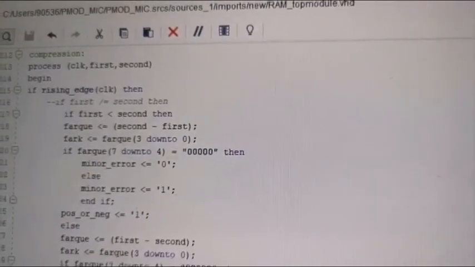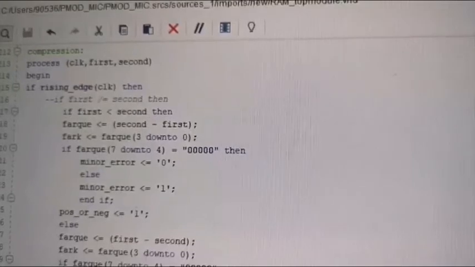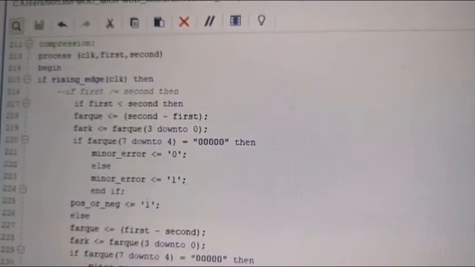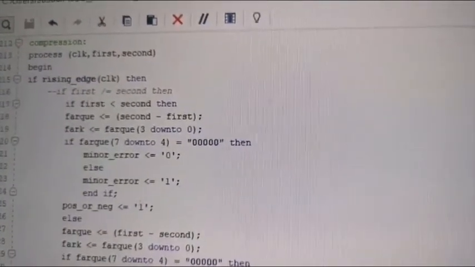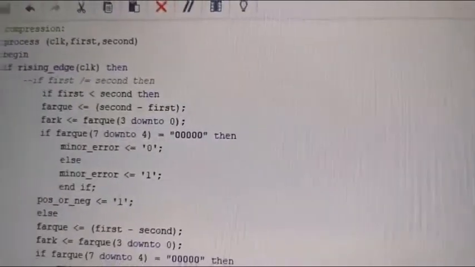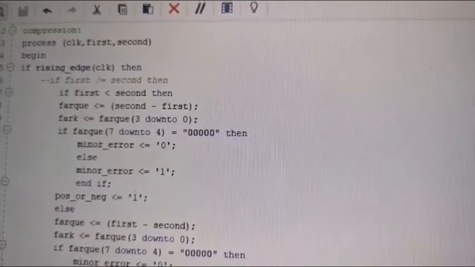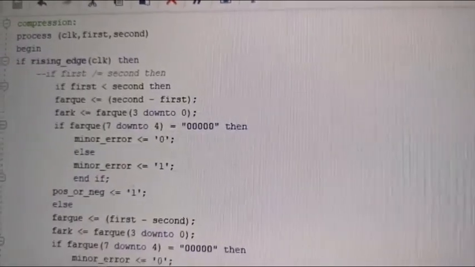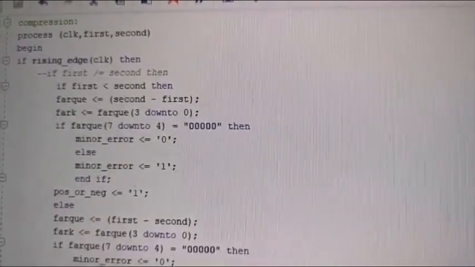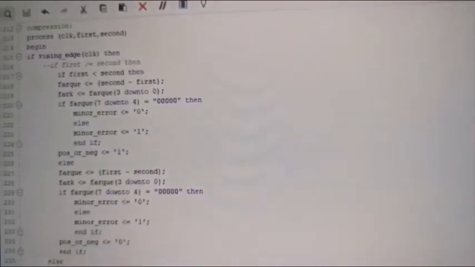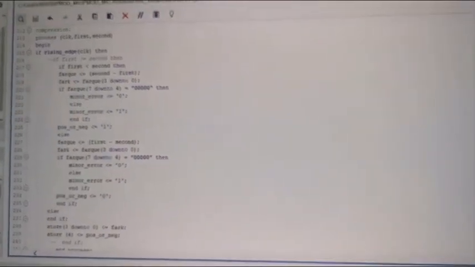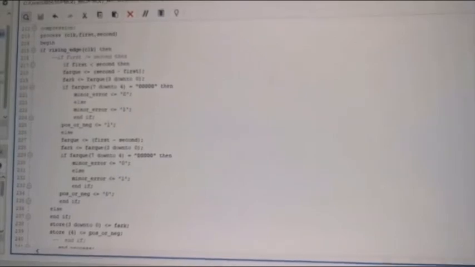I subtracted the two values and took the 4 bits from that subtraction, and I added one more bit as the most significant bit to understand whether it is going to be added or subtracted after it is extracted from the RAM.